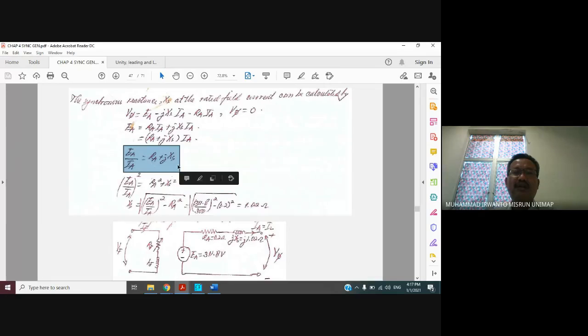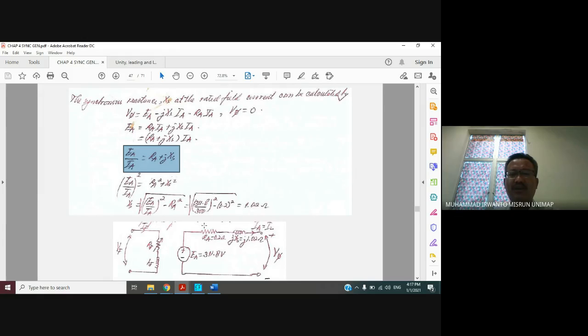From the complex number we can obtain the magnitude of each element. So EA squared is equal to RA squared plus XS squared. So the value XS here is equal to the square root of (EA over IA) squared minus RA squared. Substituting all the values, we obtain XS equal to 1.02.